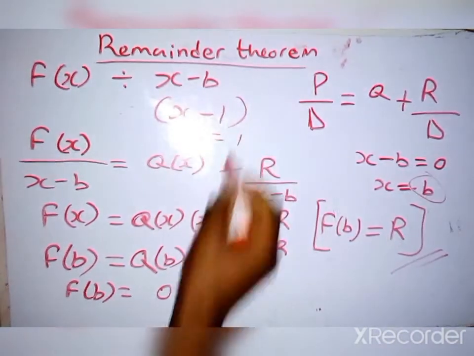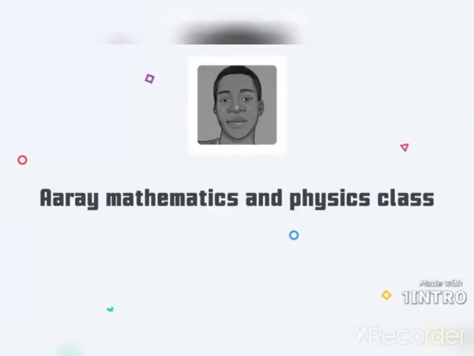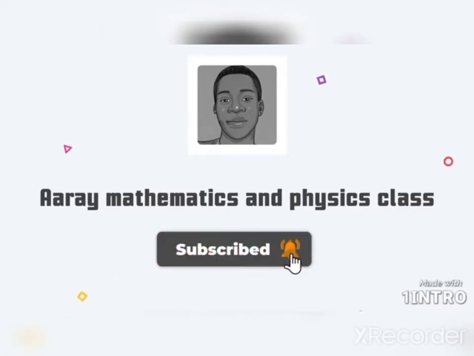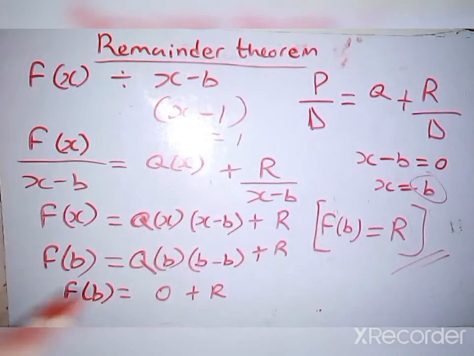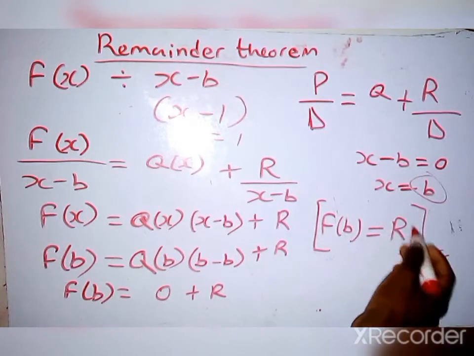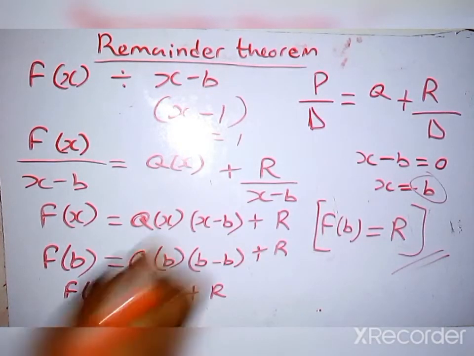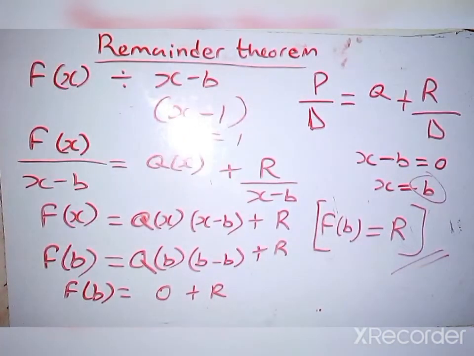Input this value for x, and when you calculate everything together, it will give you the remainder of the polynomial divided by x minus 1. So that's just the remainder theorem.